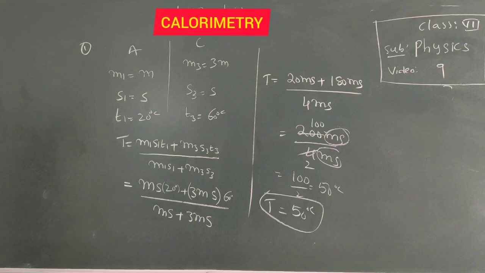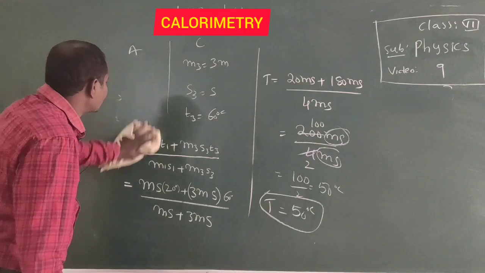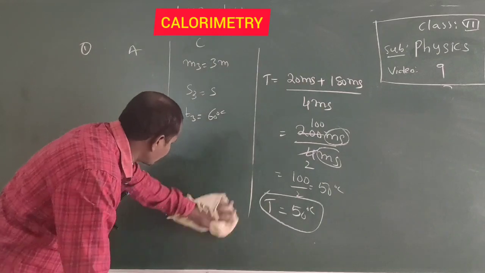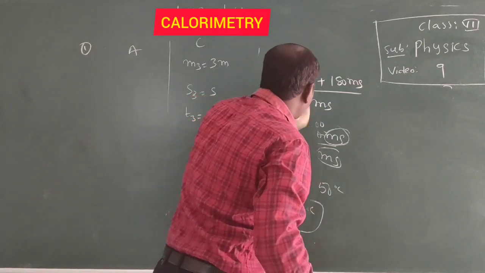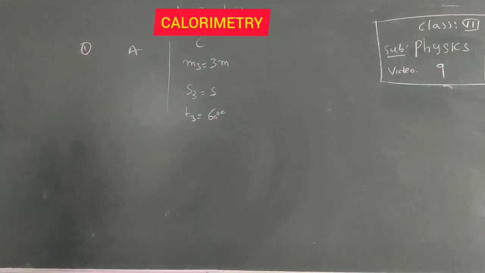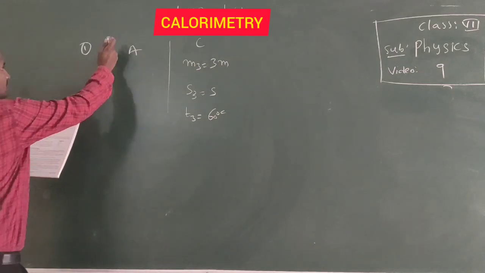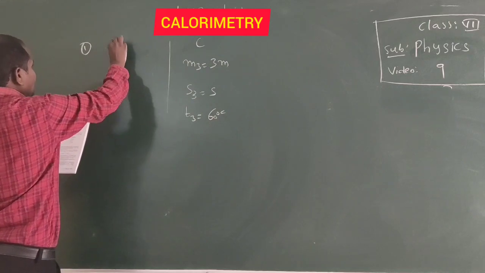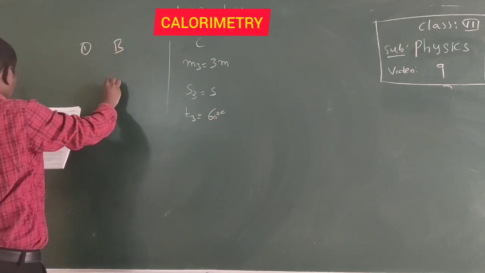Next, B and C are mixed together. Then find the resultant temperature. So B liquid and C liquid.